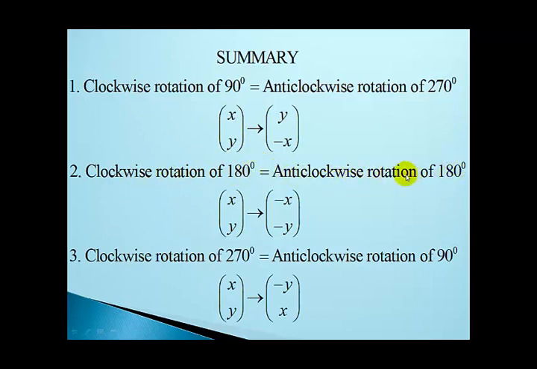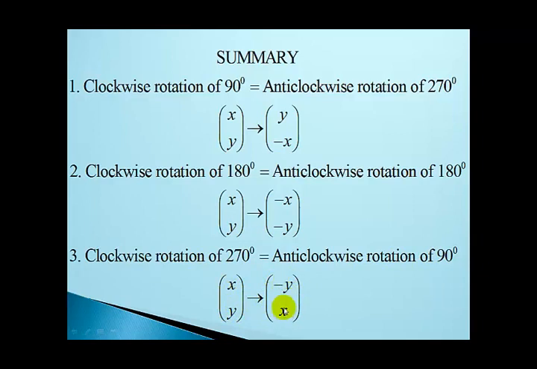It has the same rule, xy maps to minus x minus y. 3. Clockwise rotation of 270 degrees is equal to anti-clockwise rotation of 90 degrees. The two rotations have the same mapping, xy maps to minus yx.